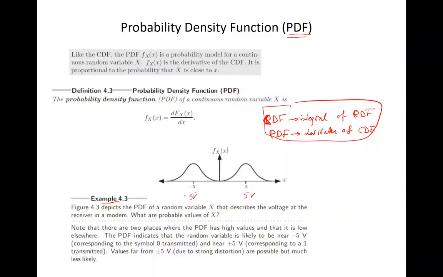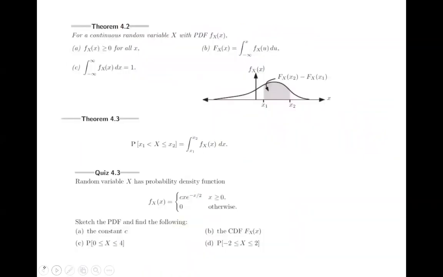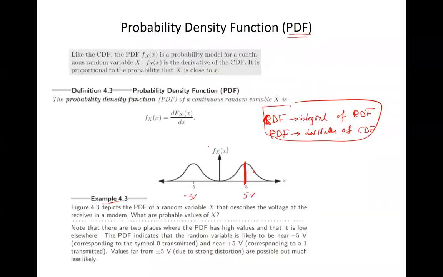Due to the noise or other disturbances, we might have some values close to 5 volt, but if we make an experiment, collect the data, and then measure the voltage, most of the values will be 5 volt. So simply, the PDF shows us the highest probable values of a random variable.